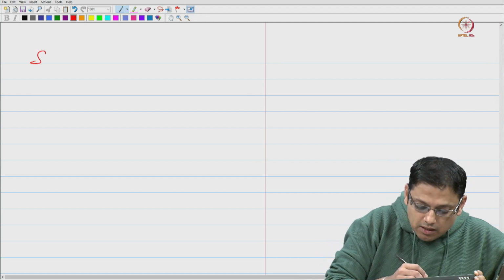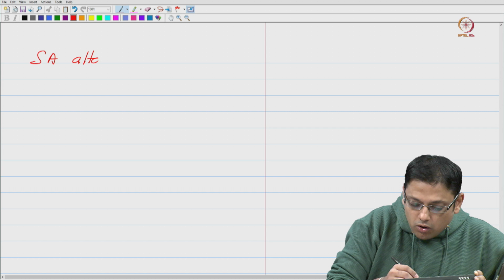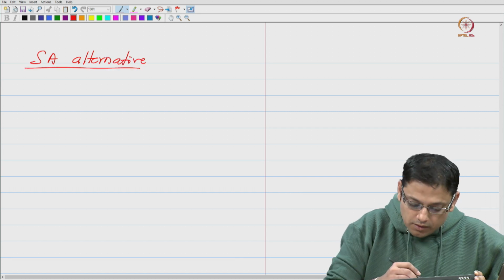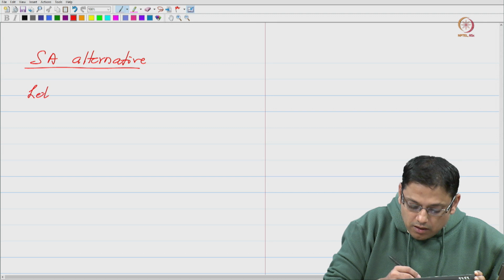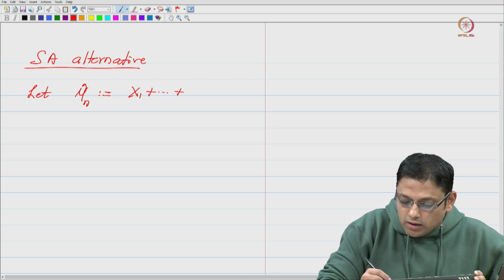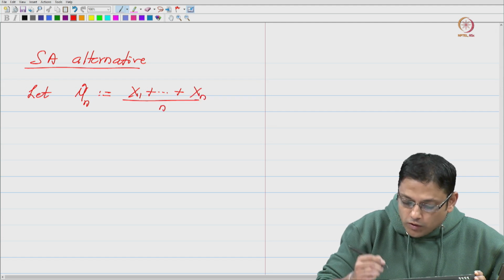So here is the stochastic approximation alternative. Let mu hat n, as before, be (X1 plus dot dot dot plus Xn) over n.